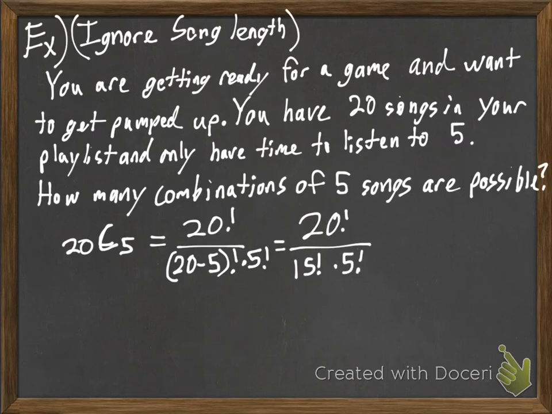And again, I'm going to do a little trick here to make this a lot easier to put in the calculator. If you can figure it out, that's good. If you can't figure it out, you need to ask me so we can go over it.